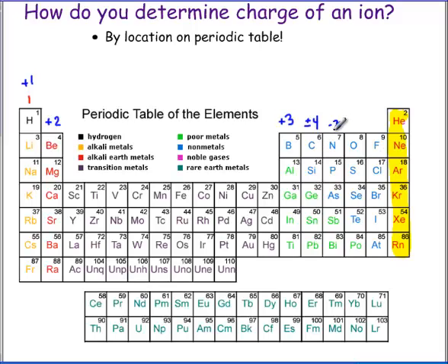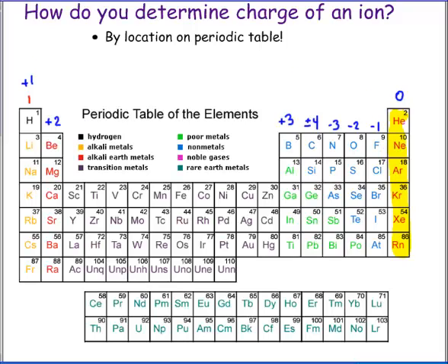The nitrogen group likes to gain 3 electrons to become stable. The oxygen group likes to gain 2 electrons to become stable. And the halogen group likes to gain 1 electron in order to become stable. Now the charge for the noble gases is 0 because they do not like to gain or lose electrons. They are already stable in the way that they are.